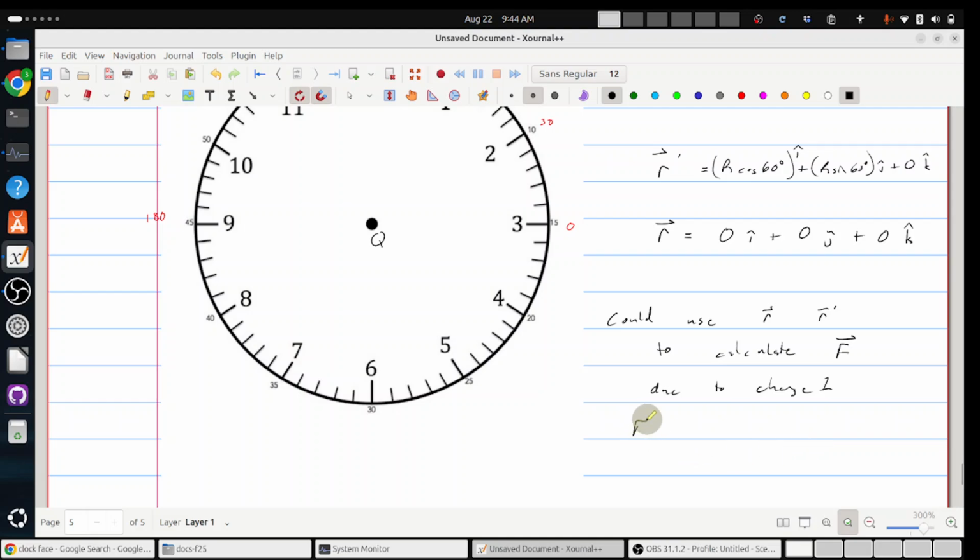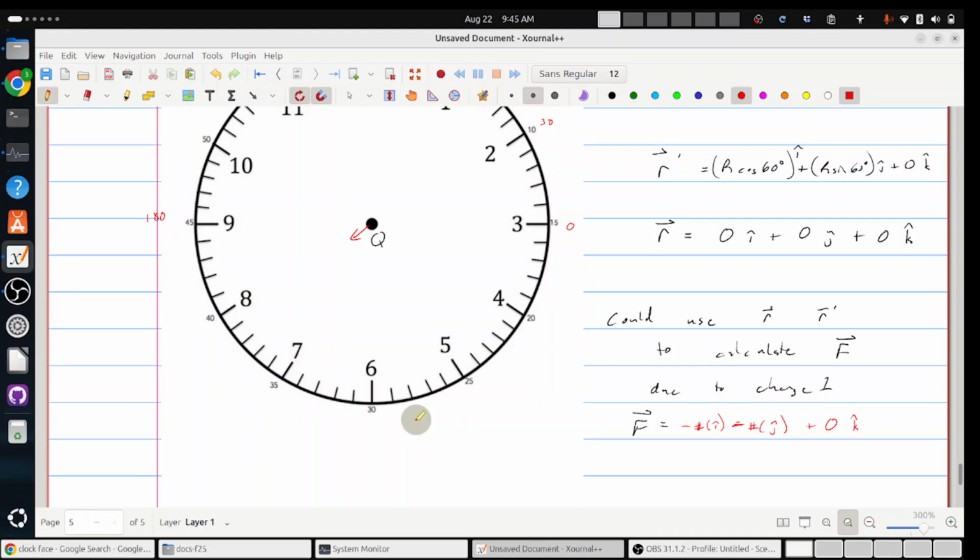And then I would have vector force, and I don't know off the top of my head what the number is going to be, but I know that if those are both positive charges, it's going to sort of repel, and so that's going to be somewhere in the negative i hat direction and the negative j hat direction, and 0 for k. Because it's going to be pushed away, and so it's going to be somewhere in that direction.